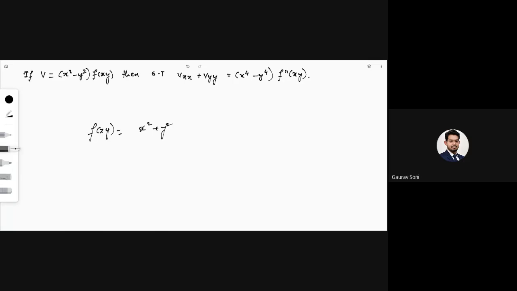Sir, I'm not sure. Vinith, is it correct? F of xy is equal to x square plus y square? I don't know, sir, I'm not sure about it.